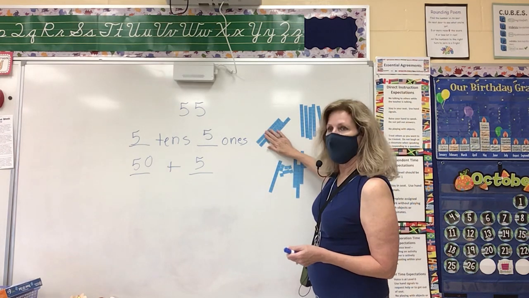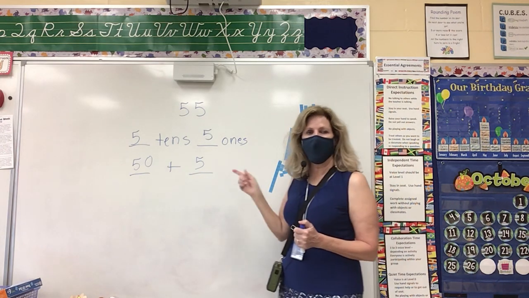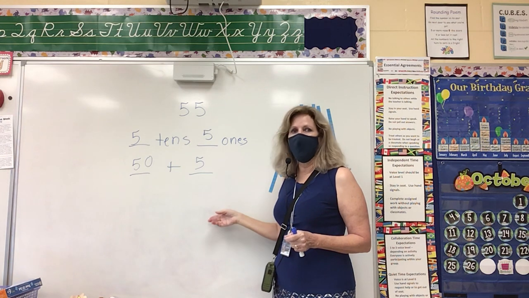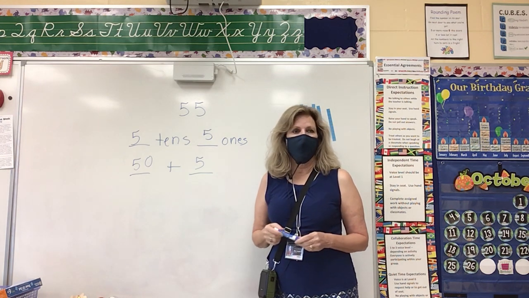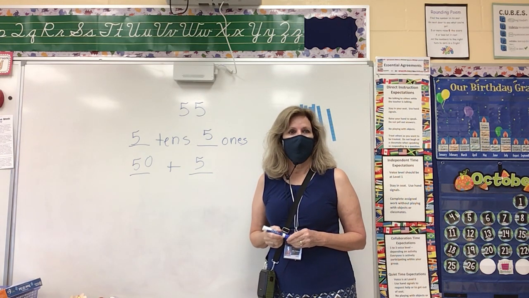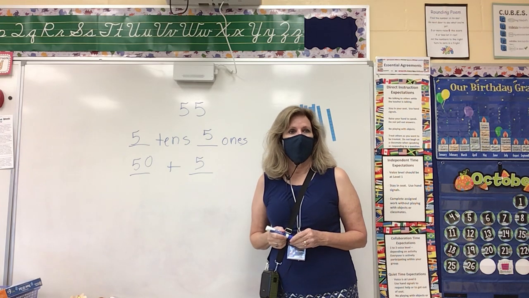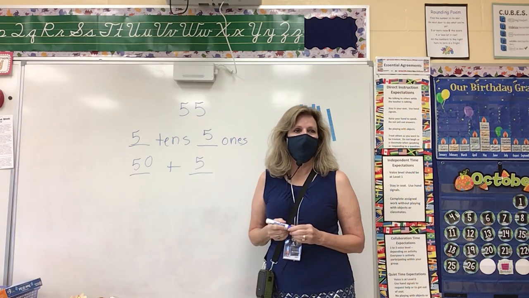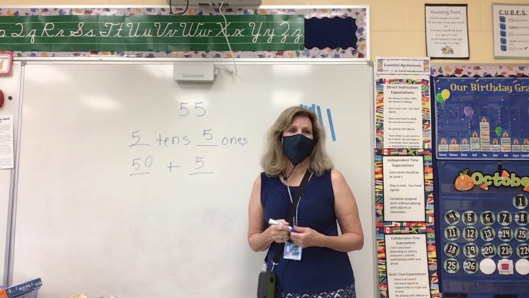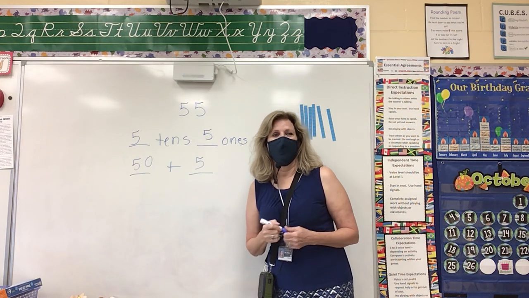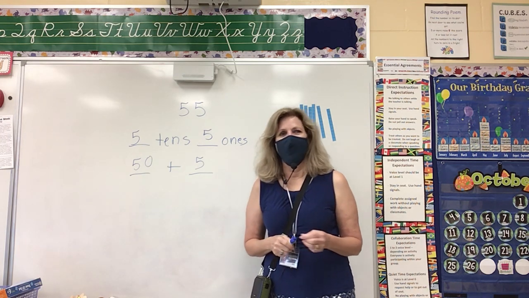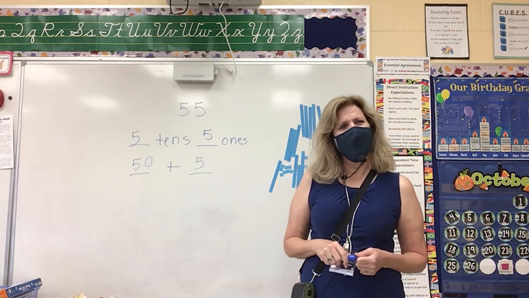Is there anyone that is still having a little difficulty with this, or are we good? Yes, Connor? This isn't really a question, but why don't they do math like 5 plus 5 would be 55, and 50 plus 50 equals 5,000?